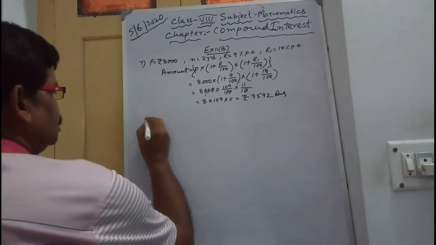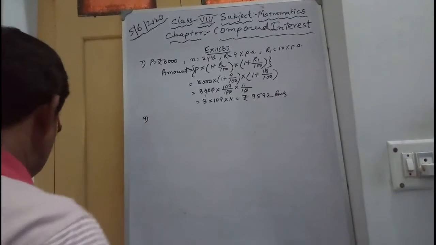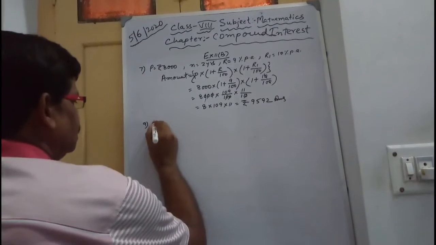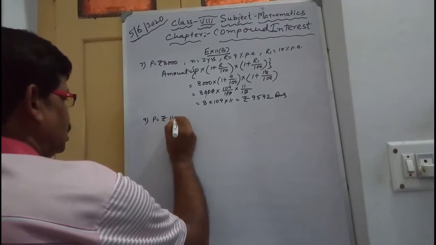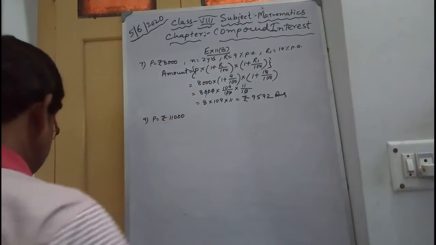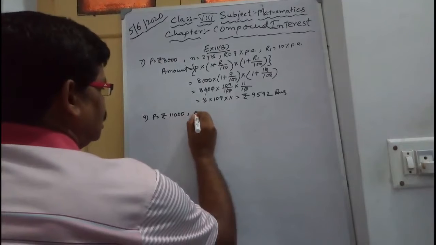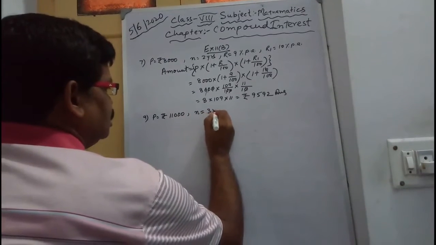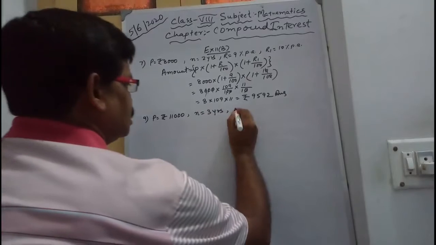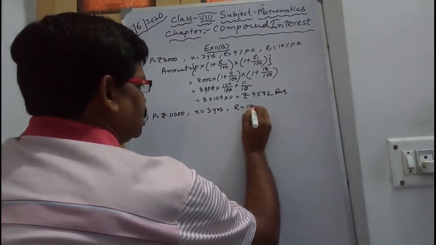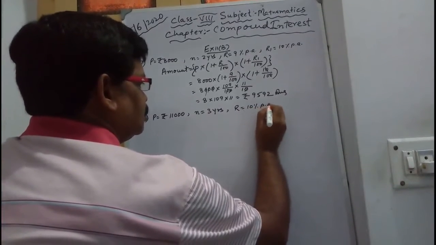Now sum number 9. Here P is rupees 11,000 in 3 years at 10% per annum.